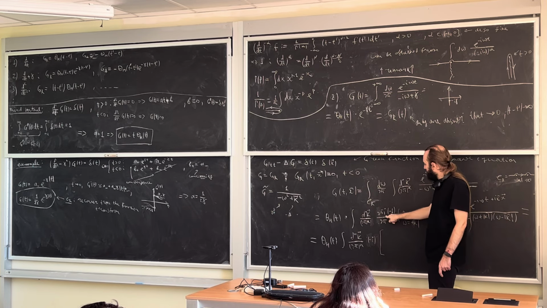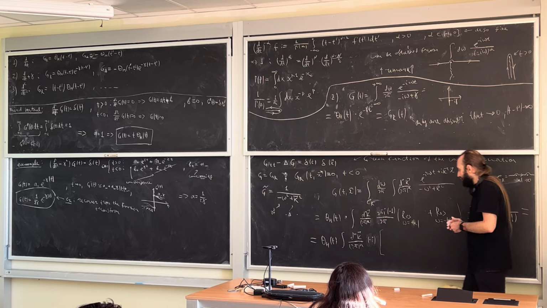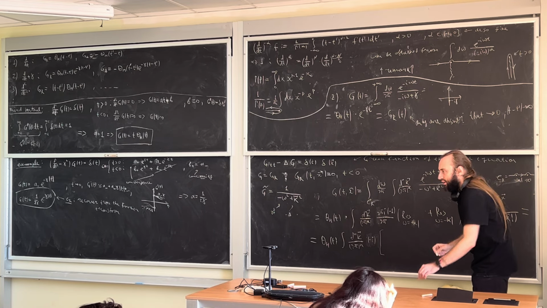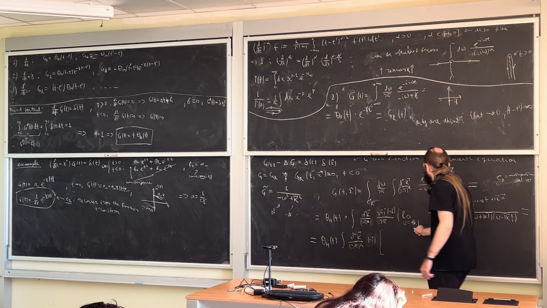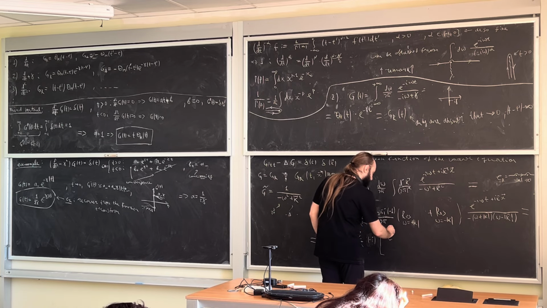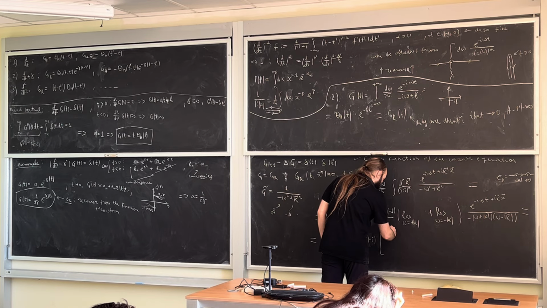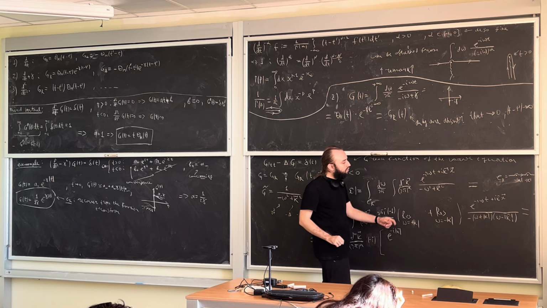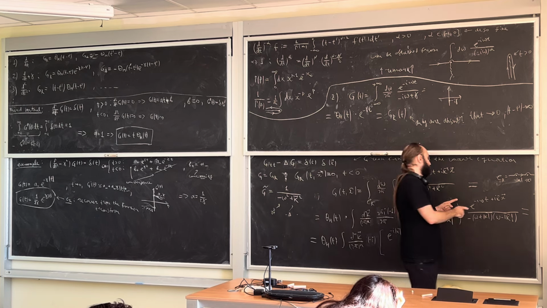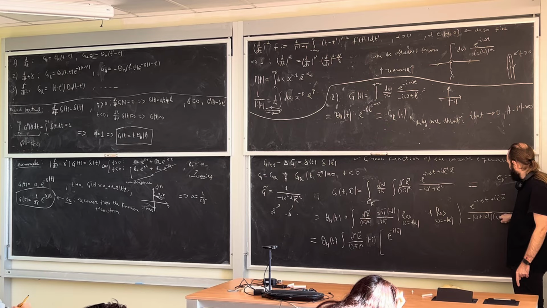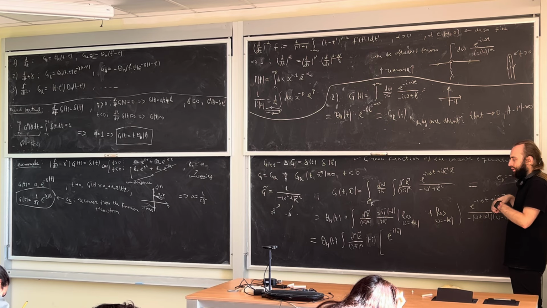Oh, what? 2 pi was here. It was taken into account. k times e to the minus i k t plus x over 2. No, not t plus x, because we are in the multi-dimensional case. This is the absolute value of this vector.